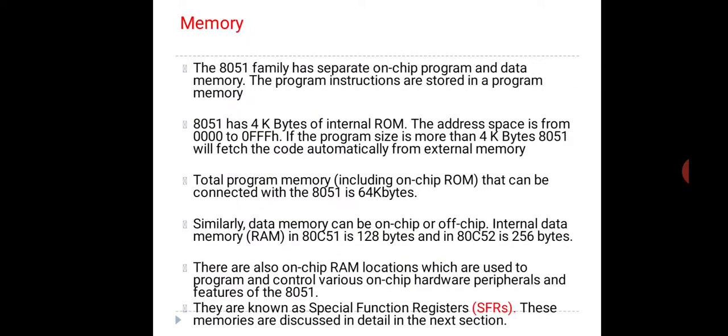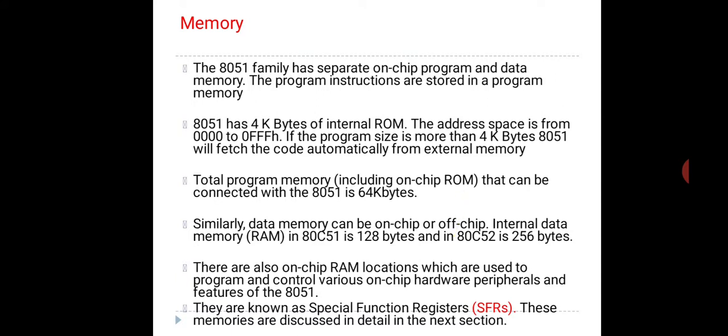Memory of 8051. The 8051 family has separate on-chip program memory and data memory. So as explained to you in the microcontroller introduction, 8051 has 4 kilobytes of internal ROM. Okay.